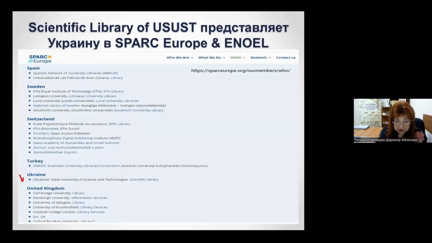Что я хотела подчеркнуть этим слайдом: научная библиотека нашего университета представляет Украину в сети OEL, Европейской сети библиотекарей открытого образования.